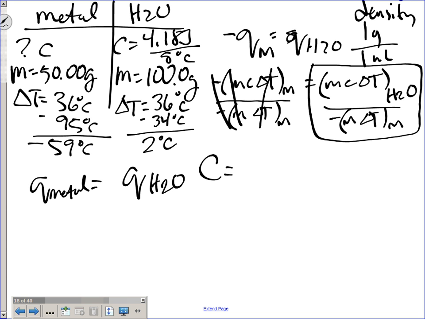Now that everything's really well organized over here, it's easily plugged in, cancel out your units, and then calculate. So go ahead and plug in your values and calculate. You should have this in front of you, so I'm going to write some up here too.